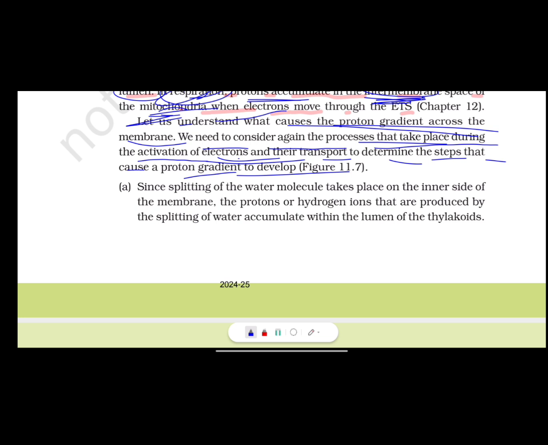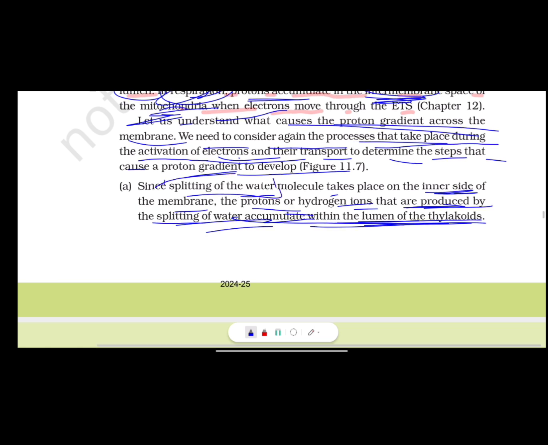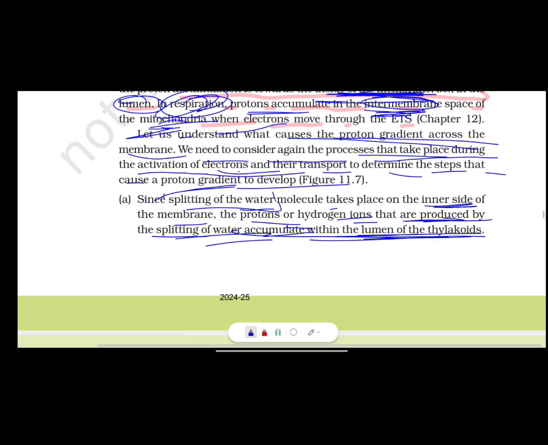Since the splitting of the water molecule takes place on the inner side of the membrane, the protons or hydrogen ions produced by the splitting of water accumulate within the lumen of the thylakoid. Why does this take place inside the lumen? Because the water splitting takes place on the inner side of the membrane.